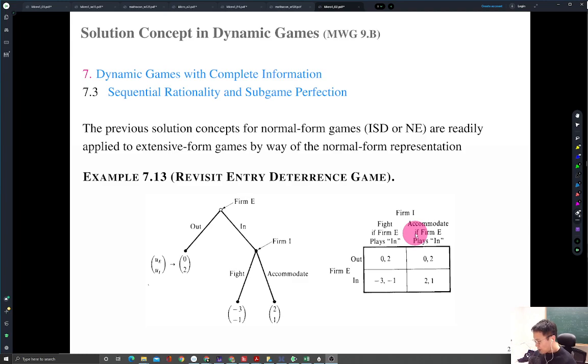So remember, a strategy is defined as a contingent plan. So it has to specify what that player intends to do at every information set.